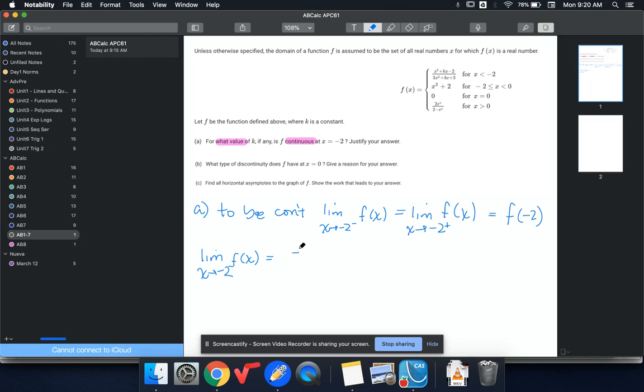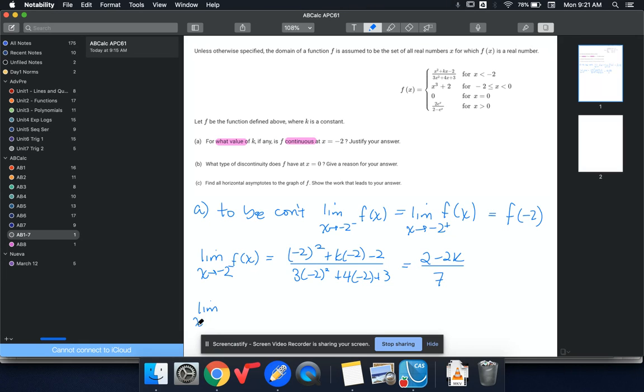It's going to be -2 squared plus k times -2 minus 2 over 3 times -2 squared plus 4 times -2 plus 3. So that's 4 minus 2 is 2 minus 2k over, let's see, that's going to be 12 minus 8 is 4 plus 3 is 7.